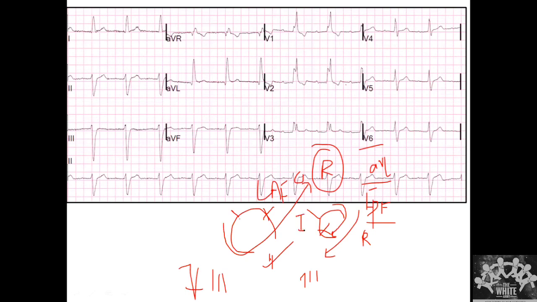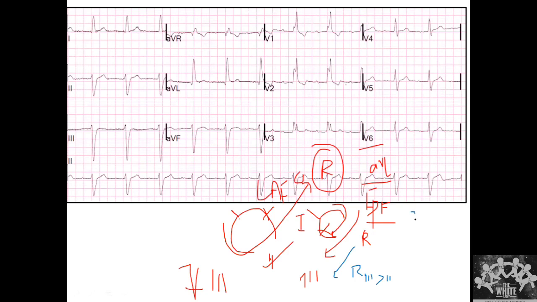And in the left posterior fascicle, what happens? Here it is coming in this direction. So the maximum R wave will be in lead 3 compared to lead 2. So R in lead 3 will be more than lead 2. Exact opposite is what is happening.